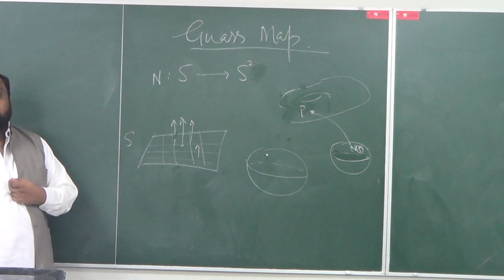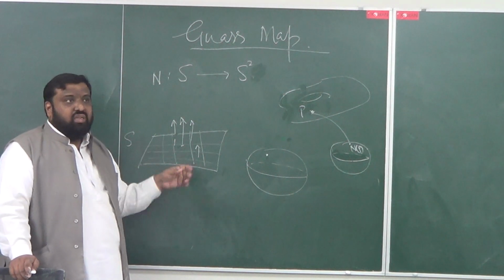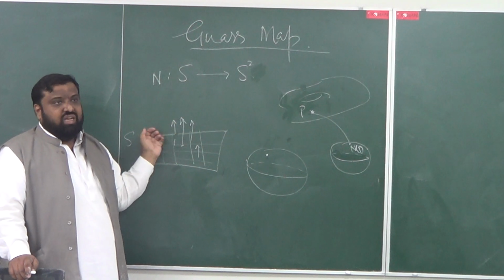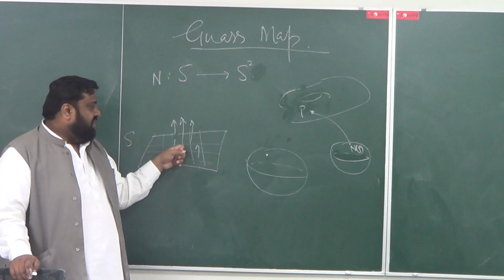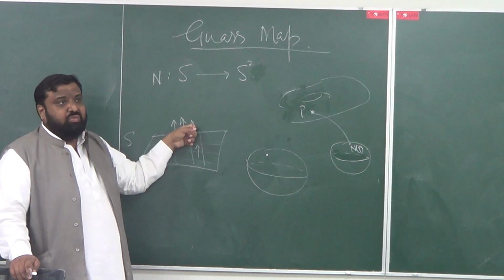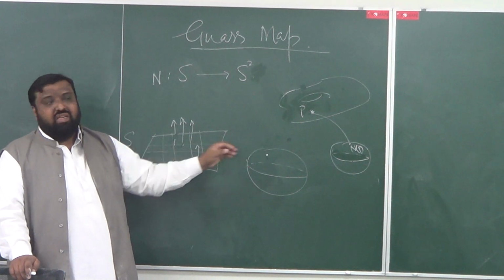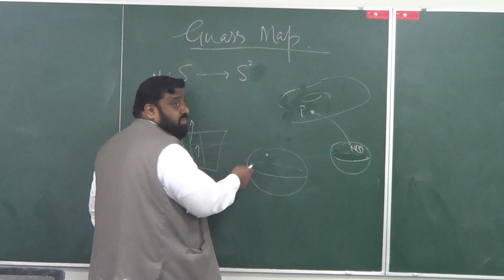You will basically get one point, because all of the normal vectors are parallel to each other. They are indistinguishable. There is no difference between the normal vector at this point or at this point. So all of these are mapped onto one and the same point.